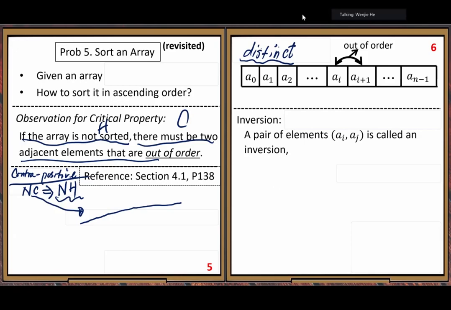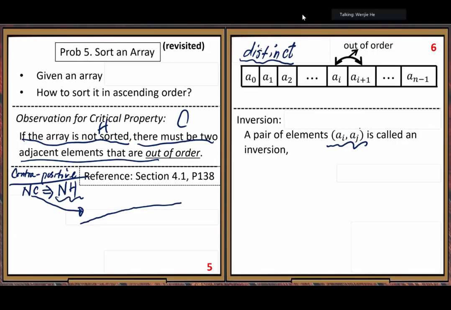Then, when we do comparison, we only have two possible outcomes, greater than, less than. First element, second element, or the general case. This is the general case. When we do comparison, A sub i and A sub j, there are only two possible outcomes.